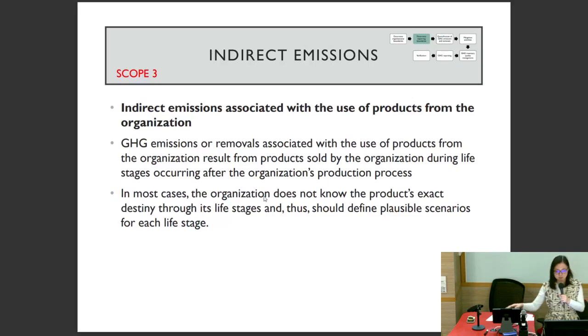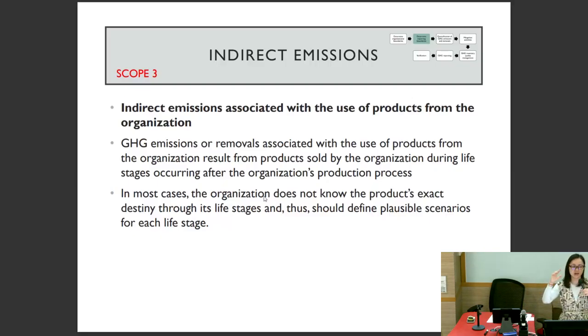Indirect emissions associated with the use of products from the organization. Greenhouse gas emissions or removals associated with the use of products from the organization result from products sold by the organization during life stages occurring after the organization's production process.